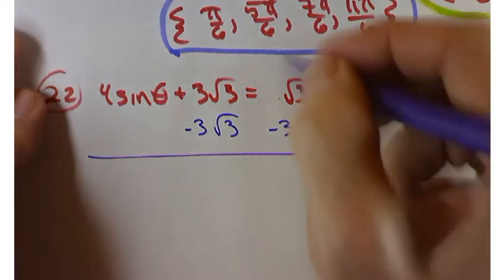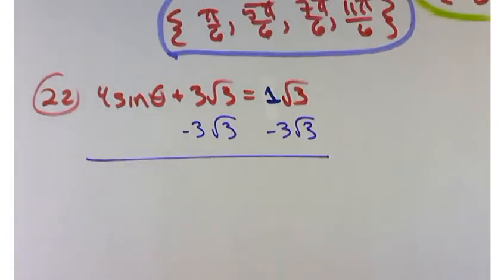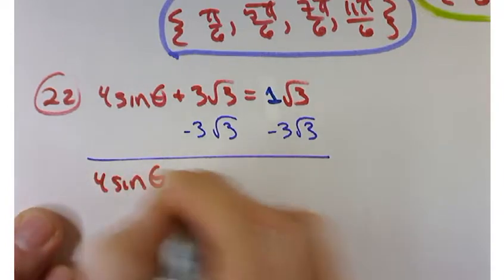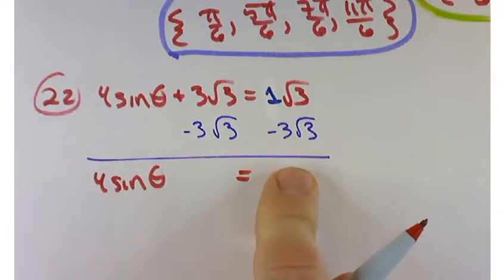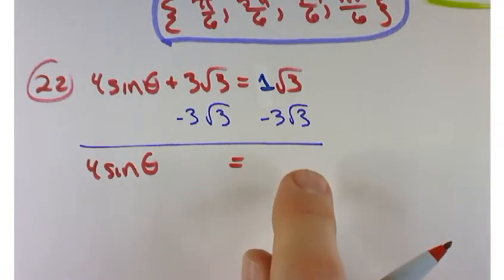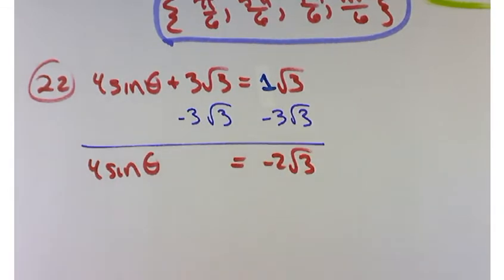Some people might be a little bit confused by that until they realize that there's just a 1 here. And now these are like terms, and you can subtract them. 4 sine of theta equals what? Thank you. Negative 2 square roots of 3. So, from here, why don't you see if you can solve it?